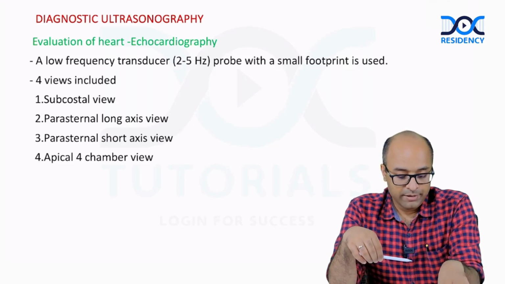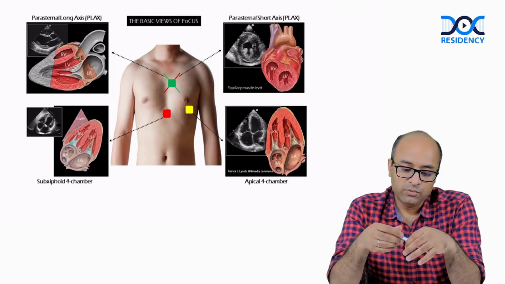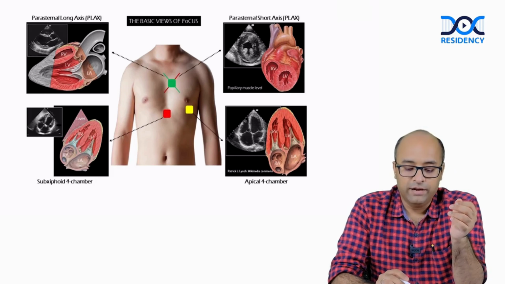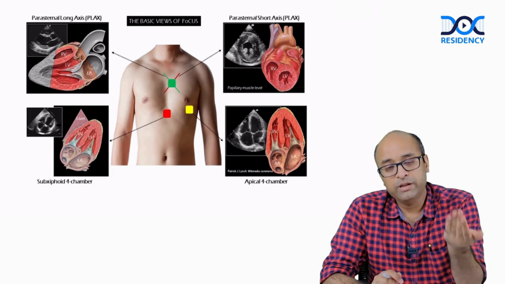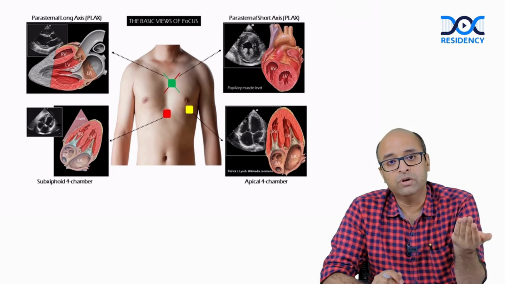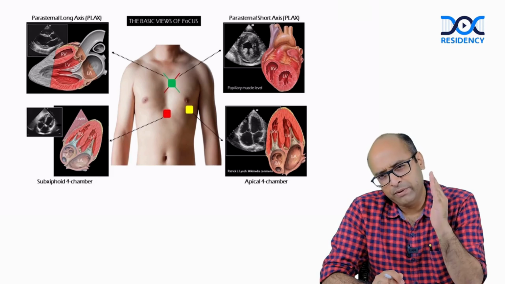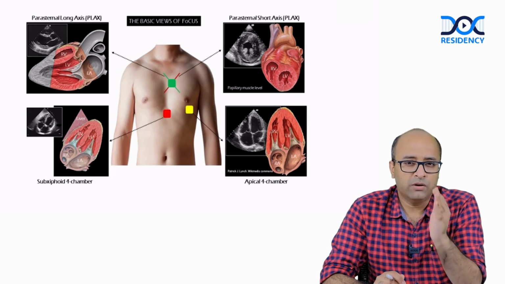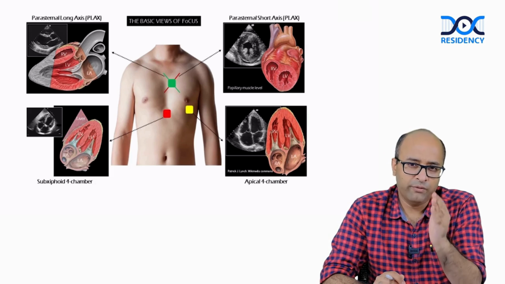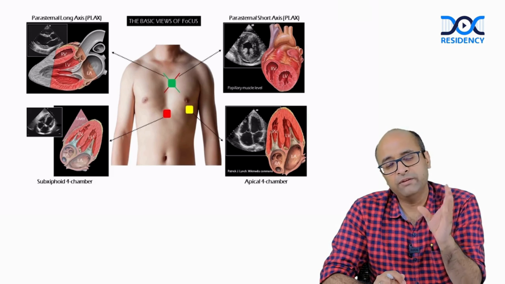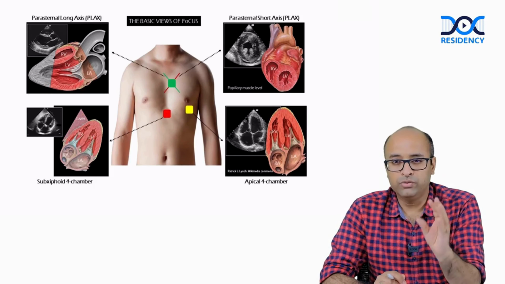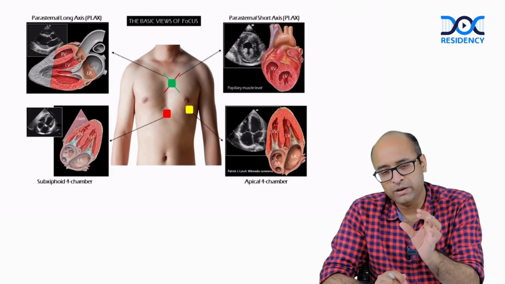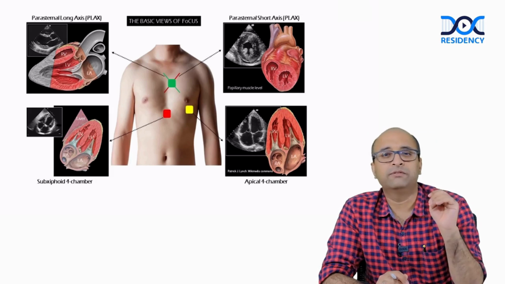This image tells you how a parasternal long axis view looks like, and whenever you are putting the probe, it is important for you to understand that parasternal or apical or subcostal, all these views are going to give information of one specific site in one frame. So you should be able to mobilize your probe in a way that you get to understand how the entire chamber is functioning.